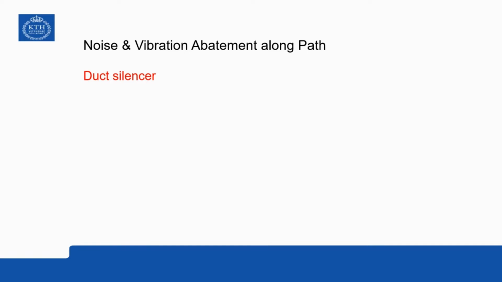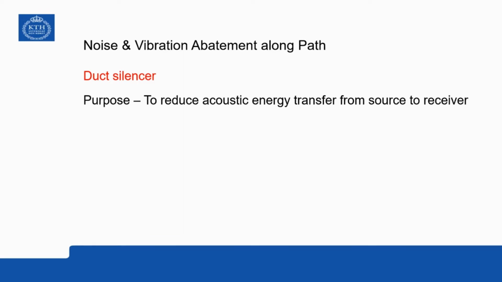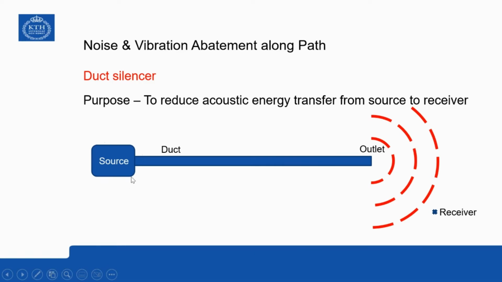Another method to reduce the transmission of noise along a path is to use silencers. Silencers, of course, aim to reduce the acoustic energy transfer along the path from a source to a receiver. So if you have, for instance, a source here, it can be a ventilation fan, or a combustion engine, or anything that produces gas or liquid flow pulsations in a duct here.